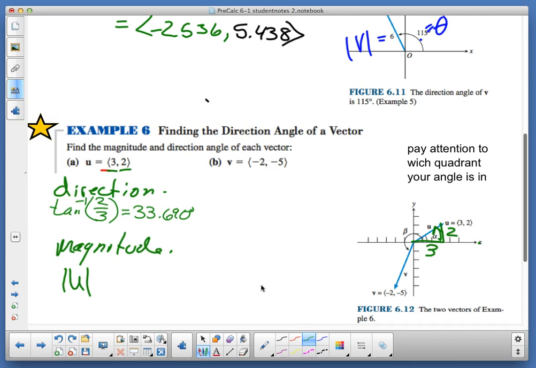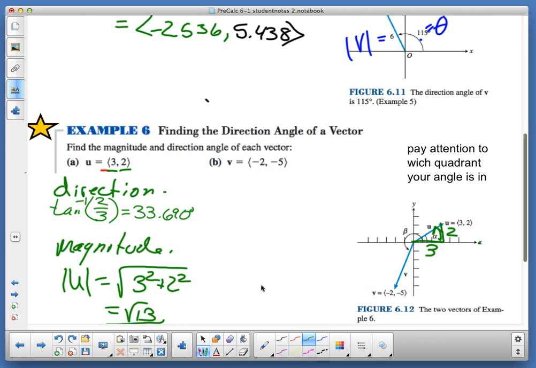Absolute value of u is representing that magnitude as we look through this. And I've got 3 squared plus 2 squared, square root of 13. So I've got the two things that I need for that particular vector. Are you okay with what I did with the magnitude? Are you okay with what I did with direction? And that direction's from standard position.